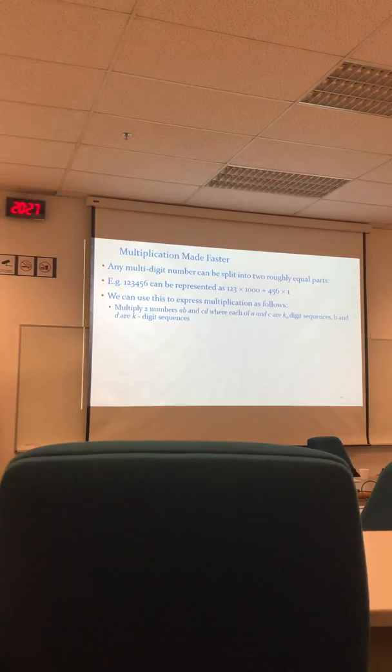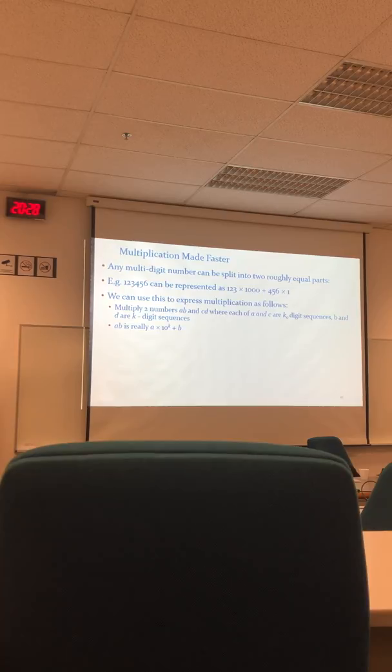So assuming that A and C have K0 digits and B and D have K digits, then AB is expressed just like what we do here. Since B and D have K digits, if you express the number in this way, the value of AB is A times 10 to the power K. Okay, K, how many digits do we have? 3, right?